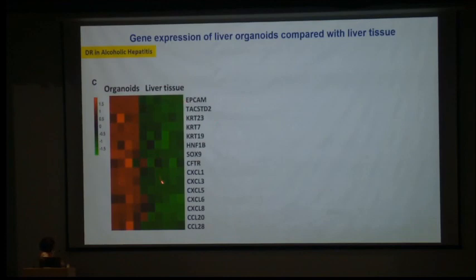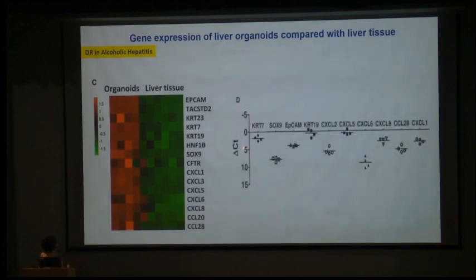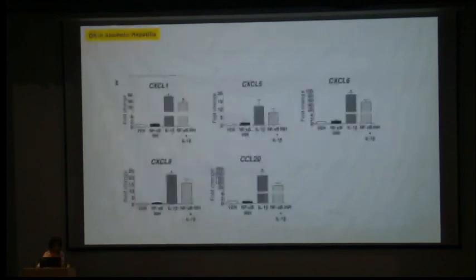In the organoids, again, they showed that CXCL1, CXCL3, all chemokine ligands, and CCL20 and CCL28 were increased along with EpCAM and keratin 7 in the organoids from alcoholic hepatitis patients. And then they did RT-PCR, delta Ct, and showed that these chemokines were more.